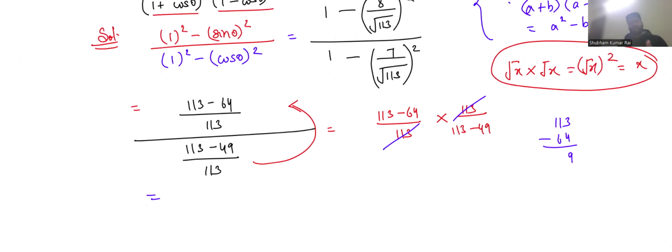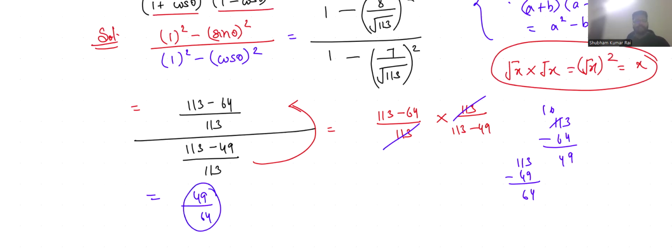So it will be 49, right? And 113 minus 49 will be 64. So here we have got 49 upon 64. That is our final answer.